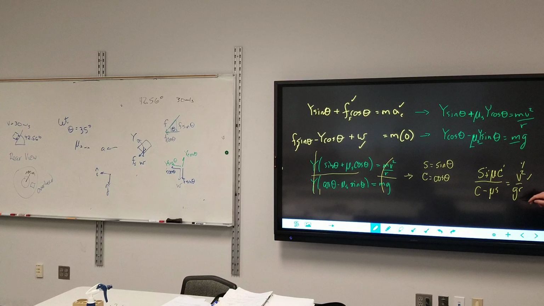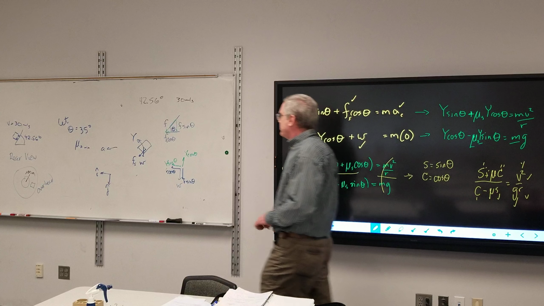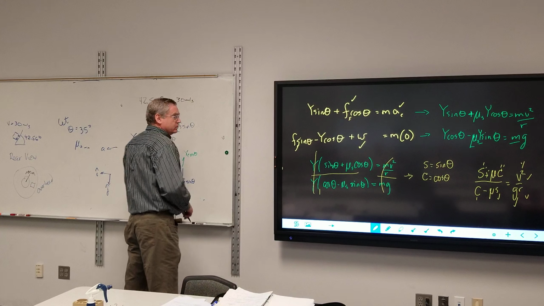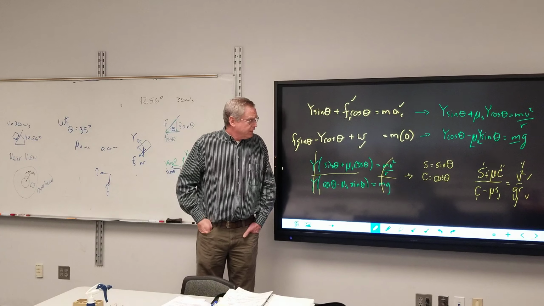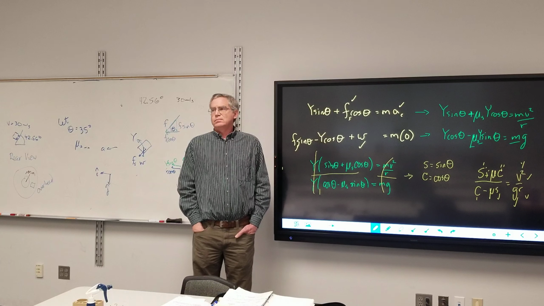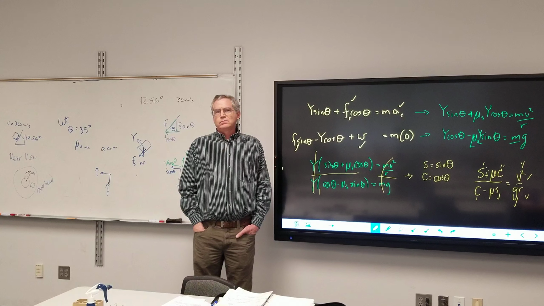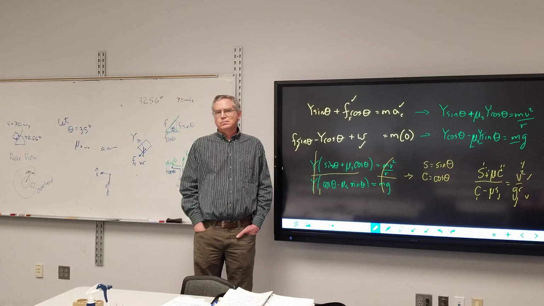Again, I know v, I know g, I know r, I can find cosine, sine, and so forth. I'm still solving for mu. Now the question is, how do I solve for mu? There are many ways.